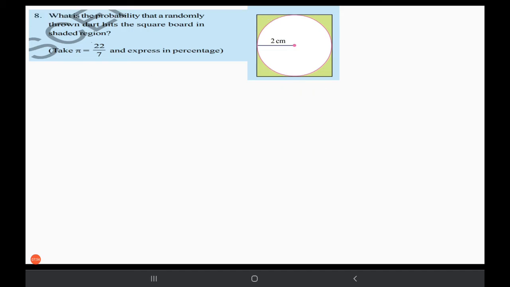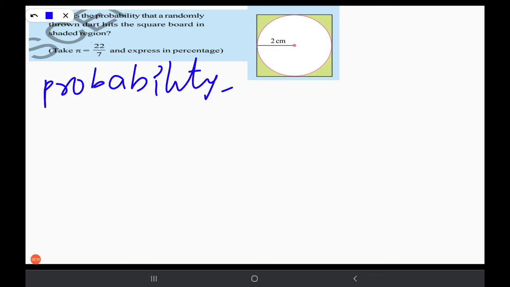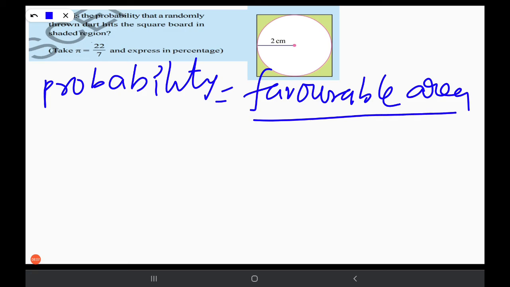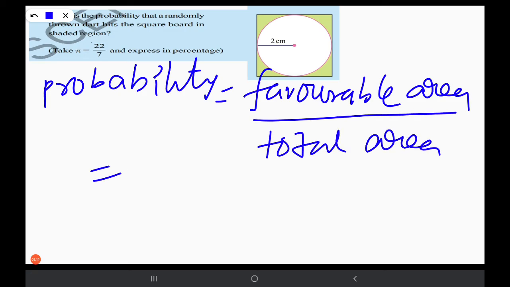What is the formula? Probability equals favorable area by total area. So the favorable area is 24 by 7 by 16.